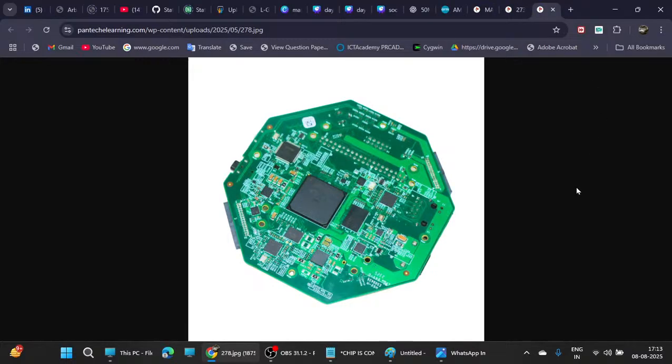And most probably FPGAs are used in industries and also for testing of SoC and ASIC chips. Why? For example, you have an ASIC chip, say you made one chip for an AC controller, a microcontroller.